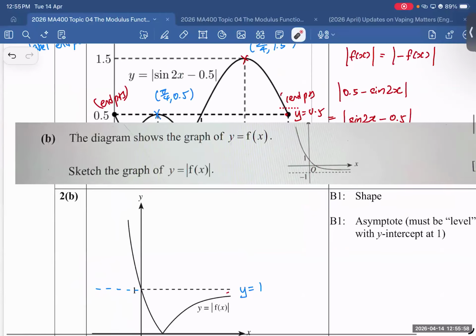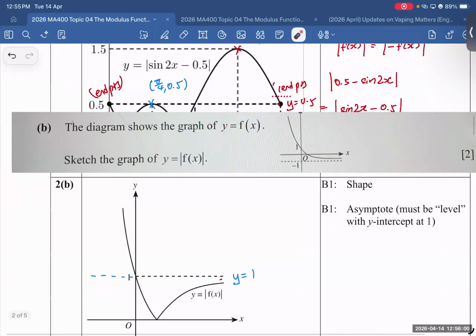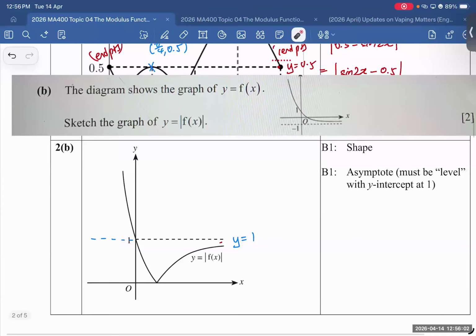So you sketch modulus f(x). Here again, you see that for this graph, 1 mark is for shape, 1 mark is for asymptote. Here, can I put the intercept? Y intercept? Yes. X intercept, can I? No, cannot. It's not given. But the dotted line, you need to reflect.